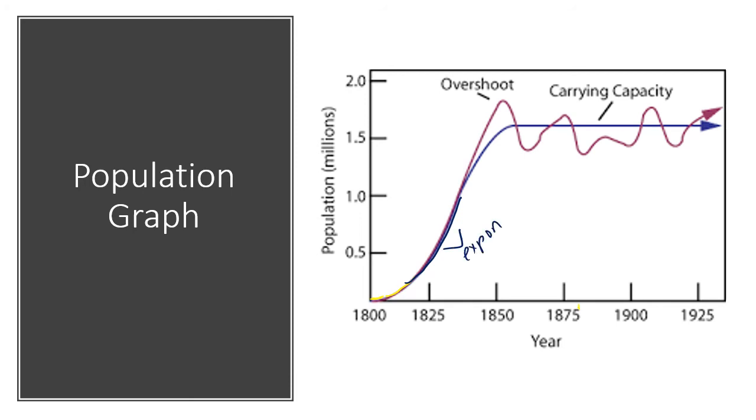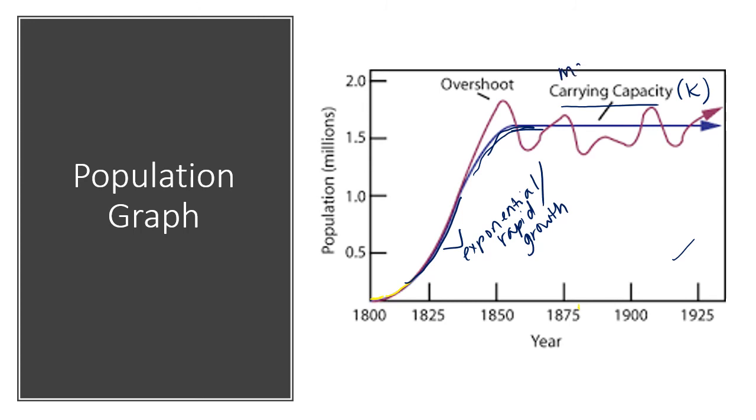So really rapidly. Okay, and then it will begin to level off here once some of the resources have been used and there's a lot of individuals in the area. So this leveling off we call the carrying capacity. Its symbol on a graph is called K.